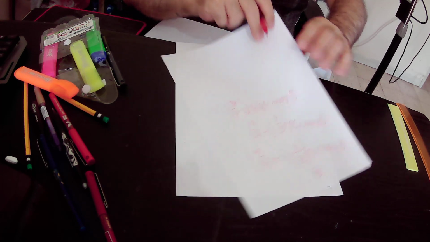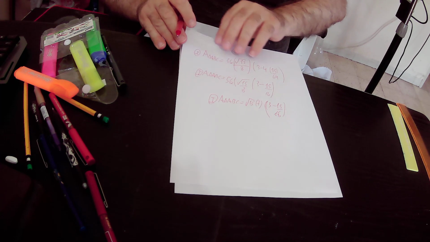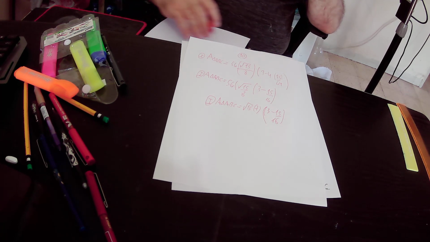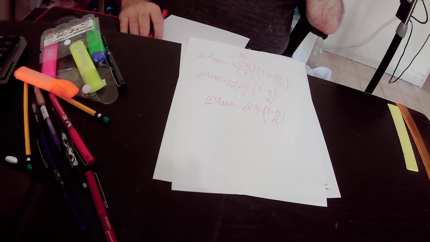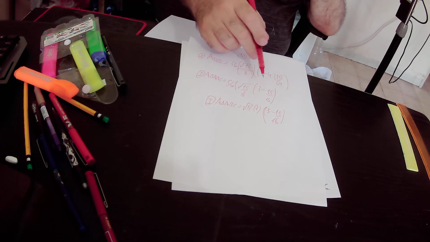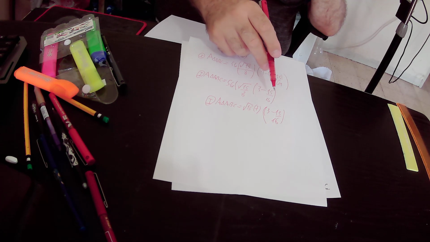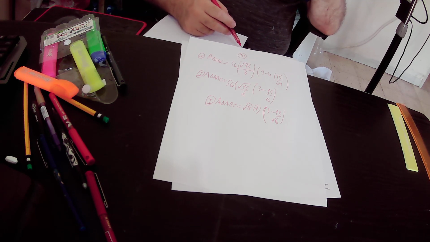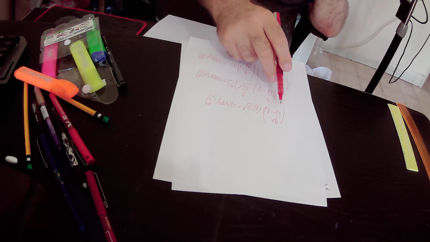In total we got that the area of triangle ABC equals to root 15 times 7 times 3 minus 15 over 16. Here instead of 3 I will write down 48 over 16 that equals to 3 in order to have a common factor with this number.